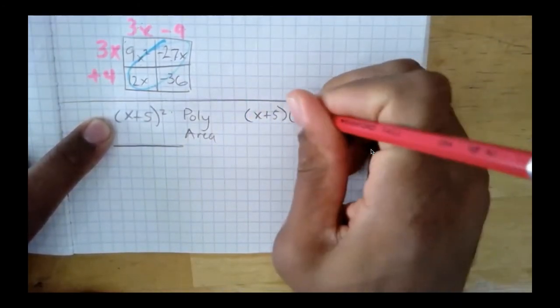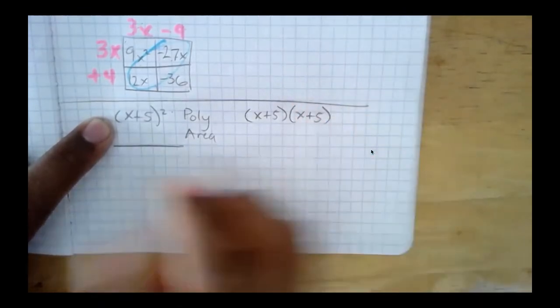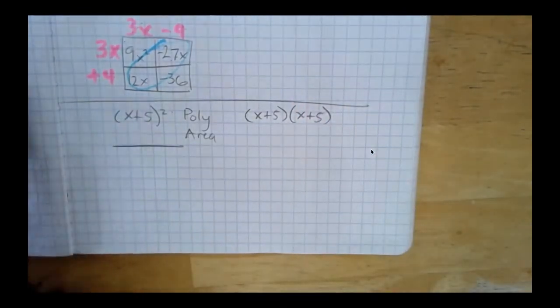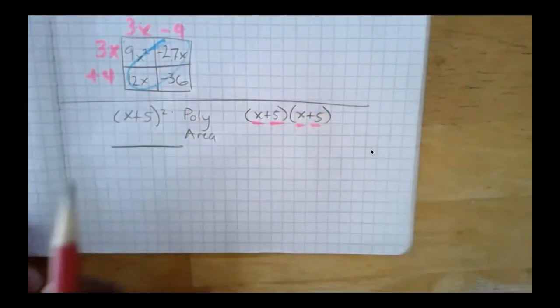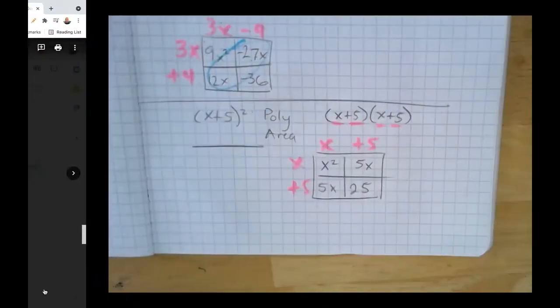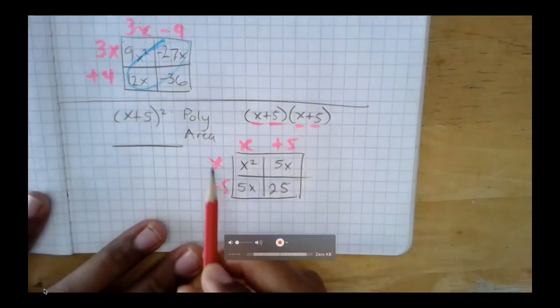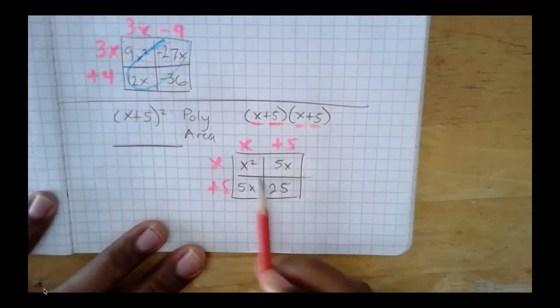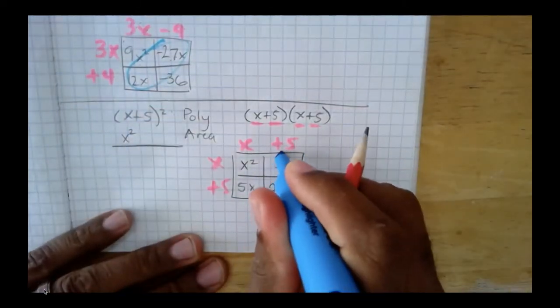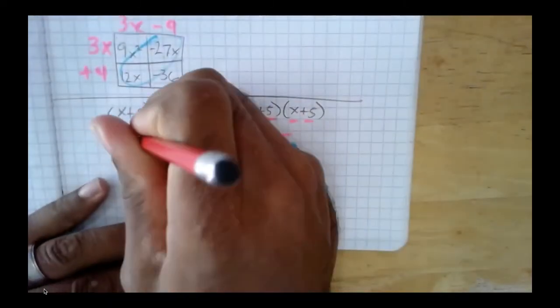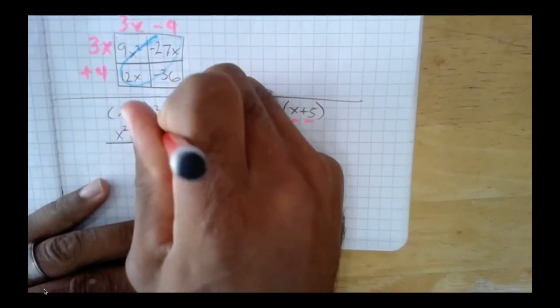It means that's how many times you're multiplying those factors or those numbers inside. So you end up with actually 2 x plus 5s, which, if you think about it, is the exact same as the other ones. So you can see I kind of already did the work for that one. I set up x plus 5, and multiplied it out. Now I add up all the terms inside. There's your like terms. 5x plus 5x is 10x, and then plus 25.